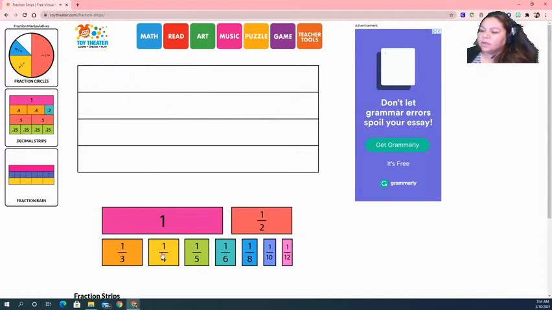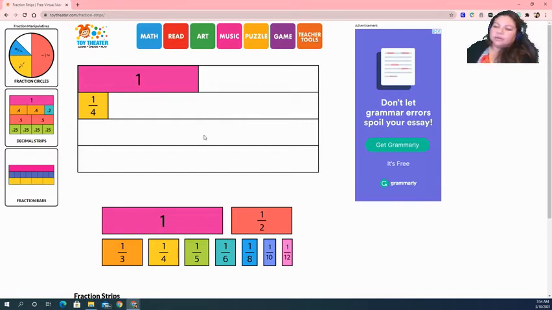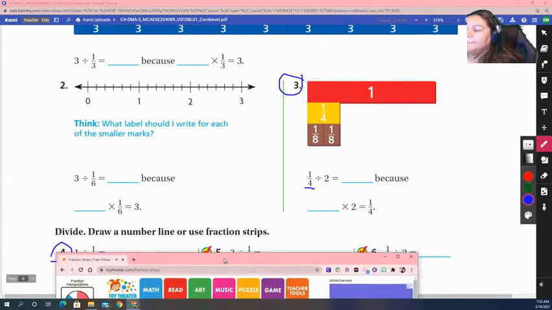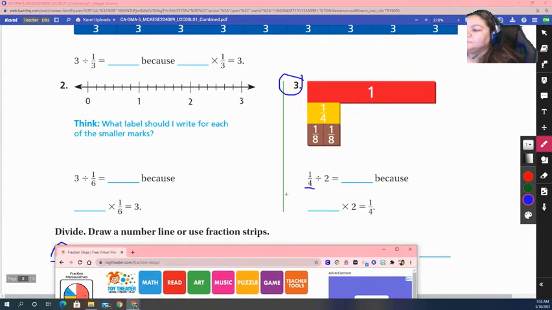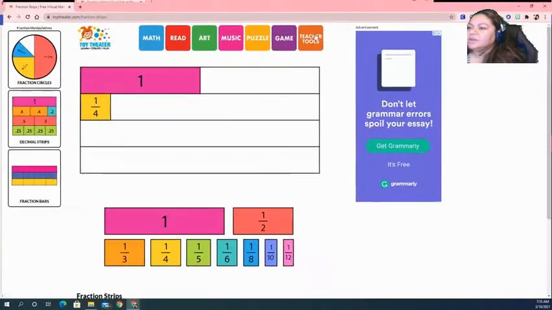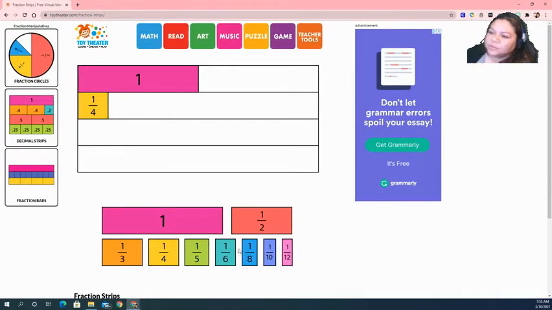Okay, so I'm going to be dividing 1/4. Now I'm going to put my 1 just to see how it relates. But I'm actually dividing the 1/4, and I'm dividing it by 2. So basically what I'm doing is I need to find a fraction strip that fits 2 times under the 1/4.